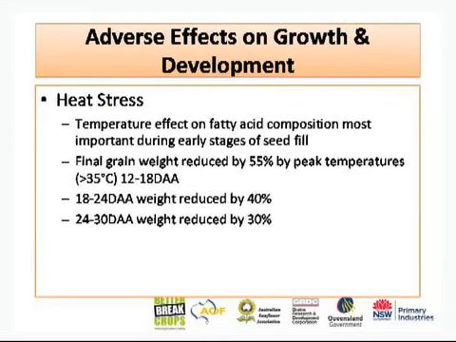From her work, she's basically been showing that final grain weight can be reduced by up to 55% by peak temperatures greater than 35 degrees in that critical stage 12 to 18 days after flowering. So there's some fairly major impacts there. It's also shown big impacts on total weight in terms of seed weight being reduced by up to 40% in those critical stages as well.